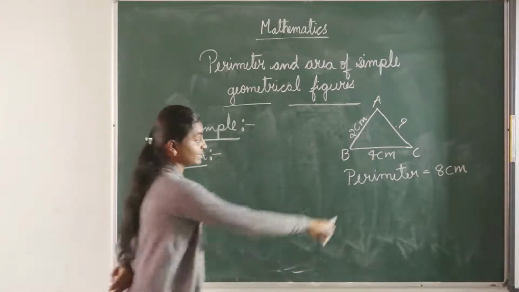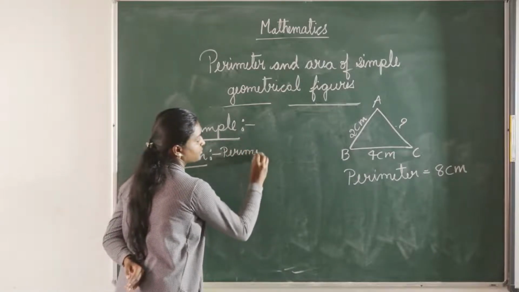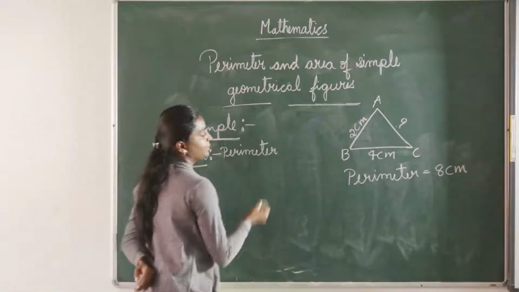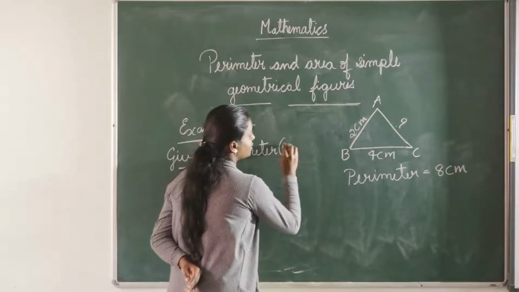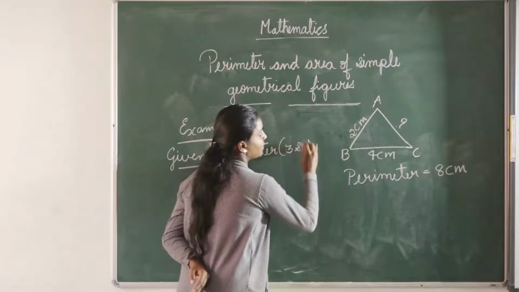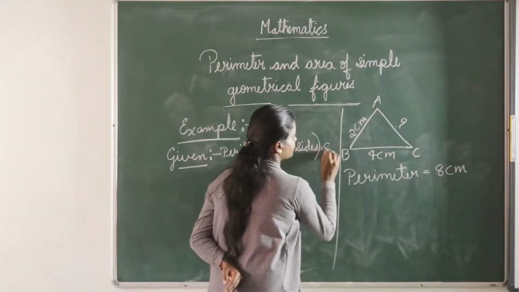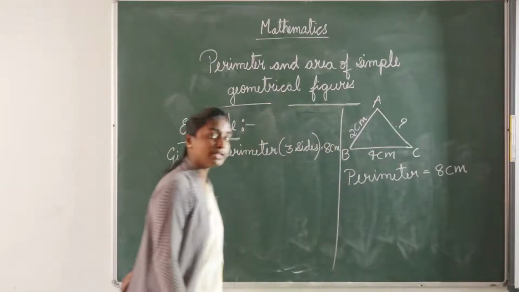So what they have given first? They have given perimeter. Perimeter, that is how many sides? 3 sides. Perimeter of 3 sides is how much? 8 centimeter. Then what else they have given?